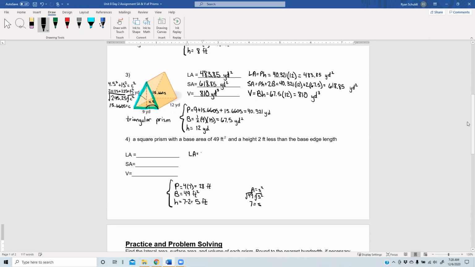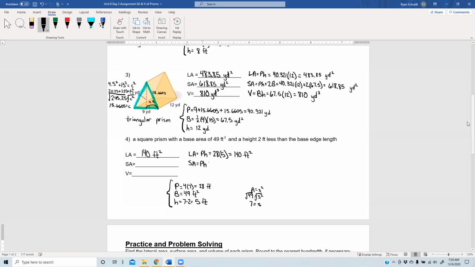Lateral area, P times H. P is 28, H is 5. 28 times 5 is 140 feet squared. Then we have total surface area.